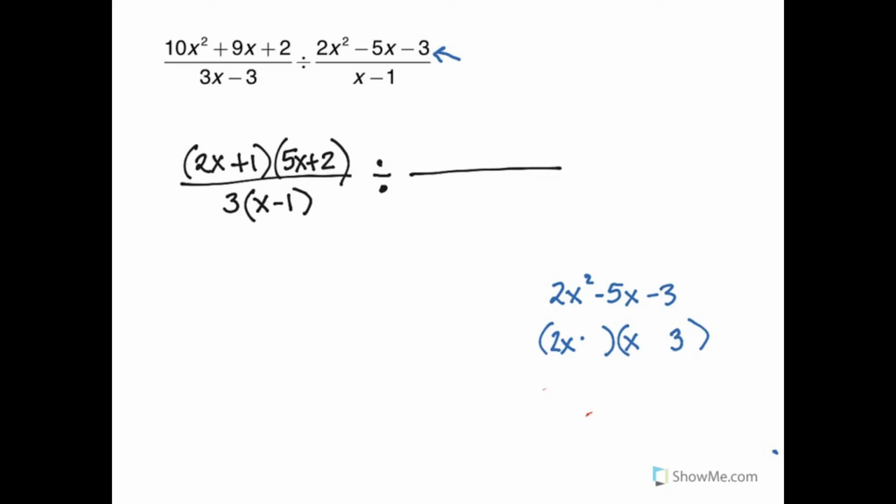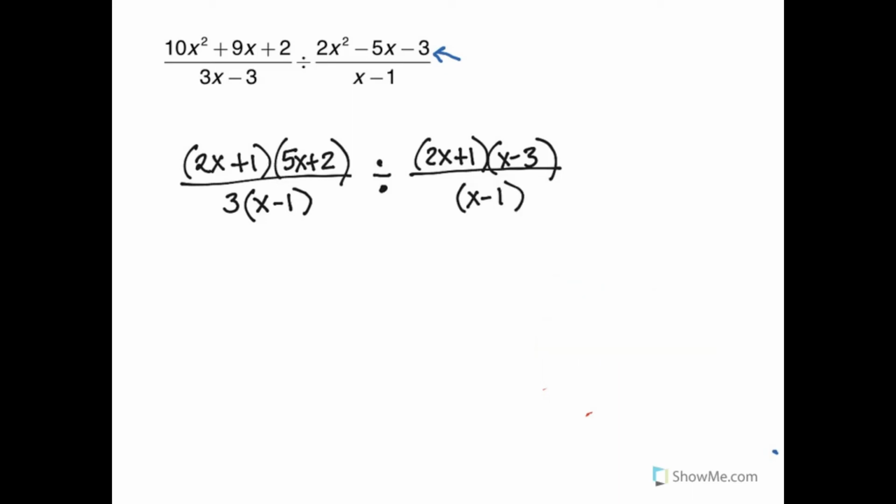So I'm going to try putting the 3 here because a negative 3 times a 2 will give me a negative 6. And then if I write 2x plus 1, I'm going to add a positive 1. That'll give me the negative 5. So that factors to 2x plus 1 times x minus 3. And on the bottom I've got an x minus 1 that can't be factored further.